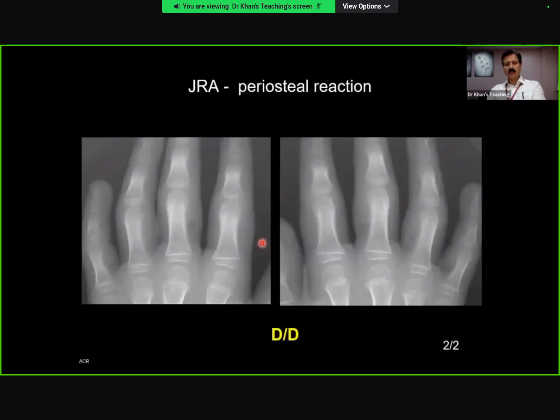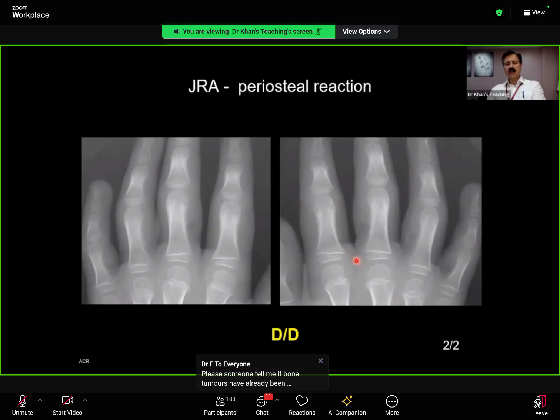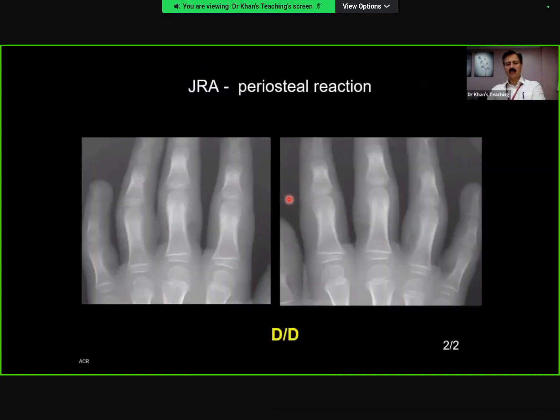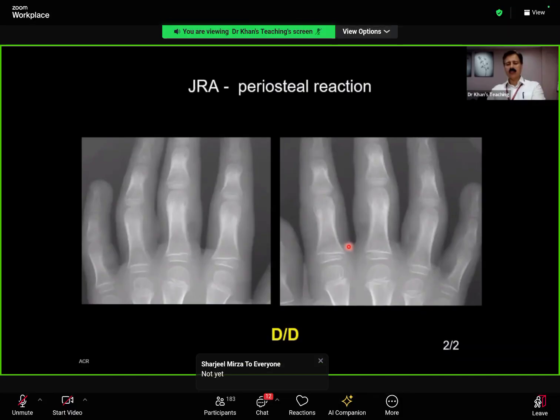So please remember, in this particular case, you cannot say a few things. For example, look at the epiphysis, and this is not a young child, as in an infant or a neonate, so normal infant cannot come in the list. Of course, rickets is a pseudo finding, we covered it in the past, and will not involve the small bones of the hands.